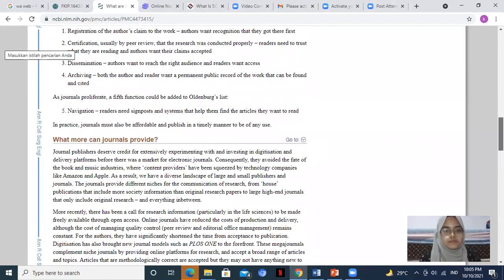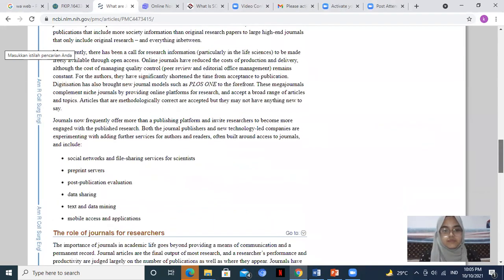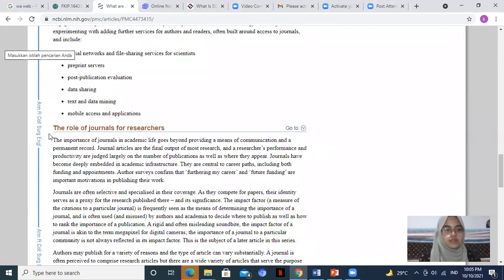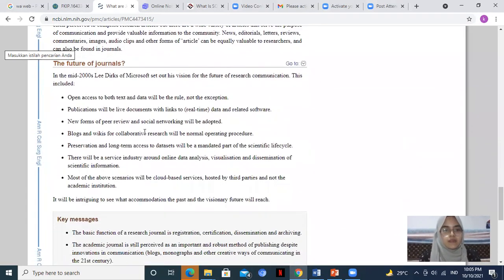So, what more can journals provide? So, the role of journals for researchers. So, the future of journals.